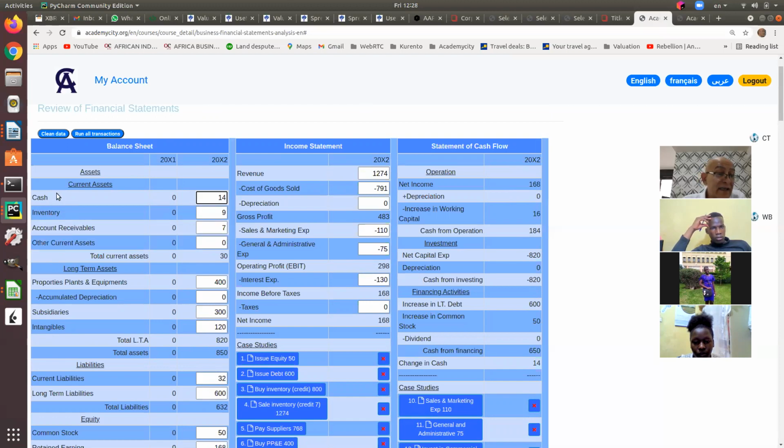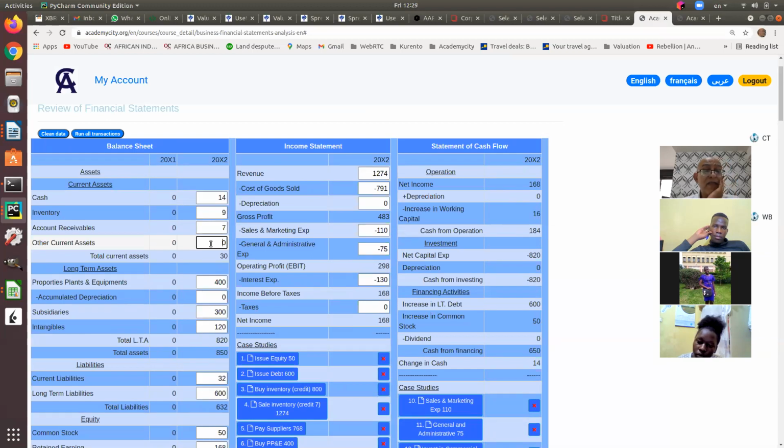I didn't write commercial paper here, but I could have made another category. Some companies will. Many times I put them as other current assets. I can also buy bonds of other companies.